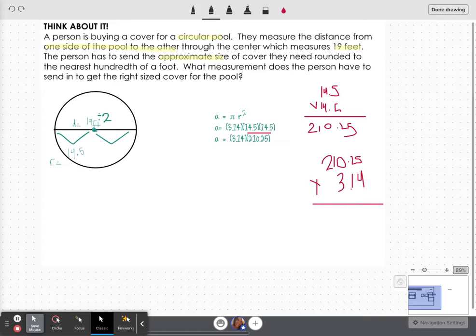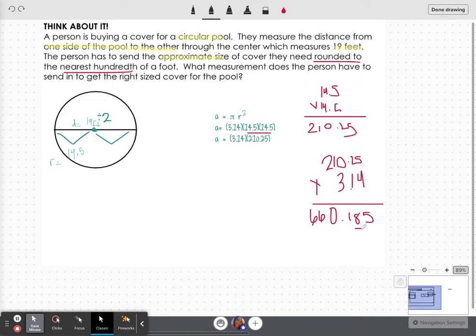That will give me 660 and 185 thousandths. I need to round my answer to the nearest hundredth of a foot.